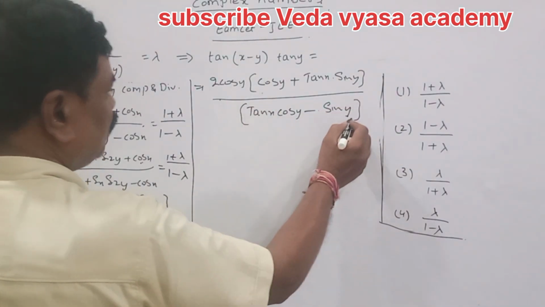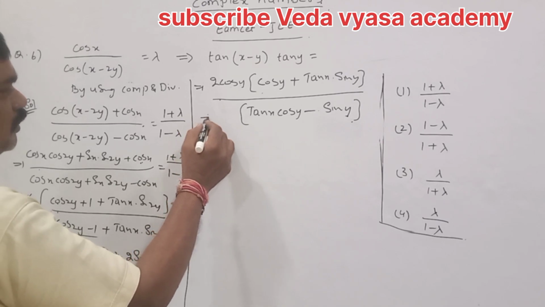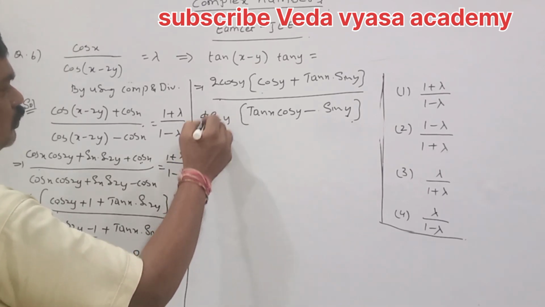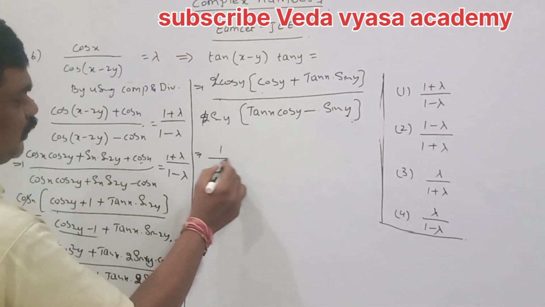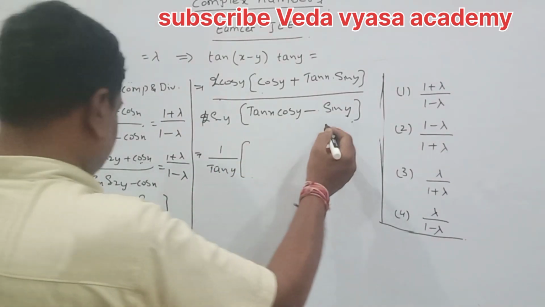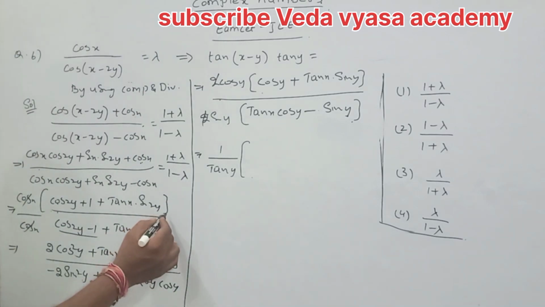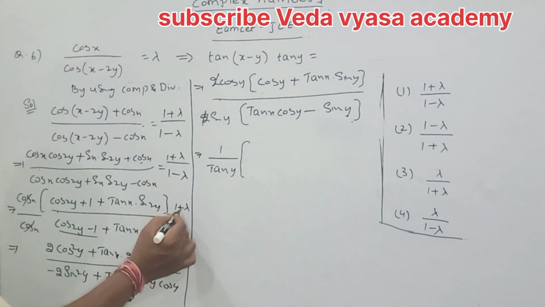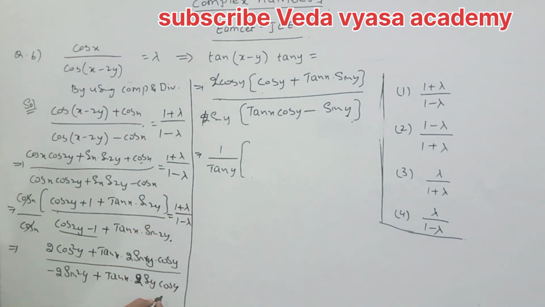So common is 2 sin y, 2 cancels, it can be written as 1 by tan y of this value, is equal to (1 plus lambda) by (1 minus lambda).